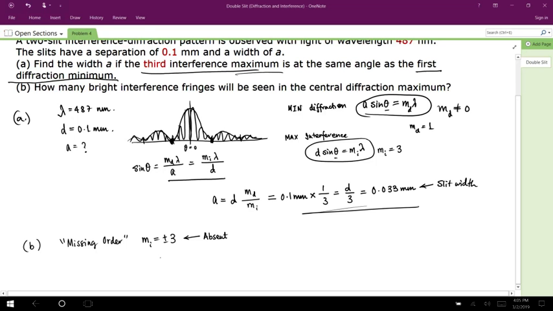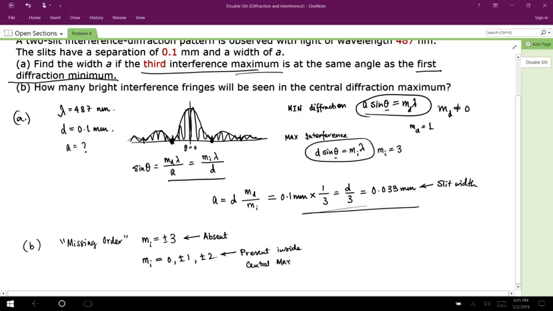So if m_i equals plus or minus 3 is absent, then what is present within the central maximum has got to be anything less than plus or minus 3. And so we'll have m_i equal to 0, plus or minus 1, or plus or minus 2. And these are all present inside the central maximum.